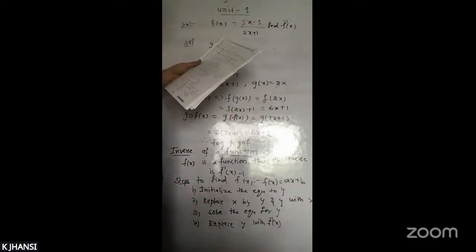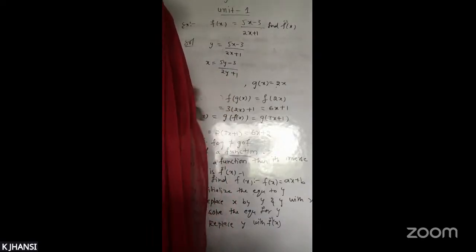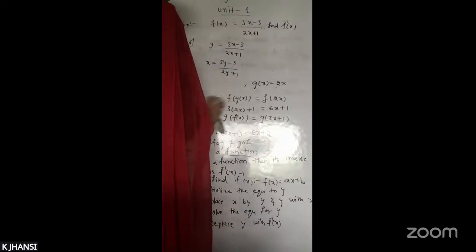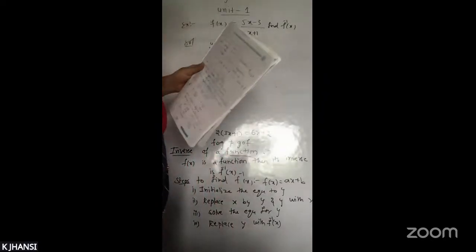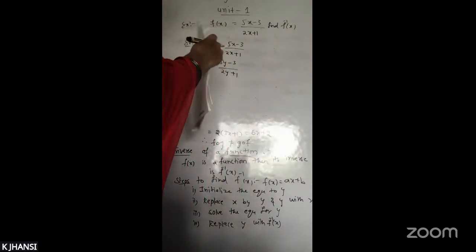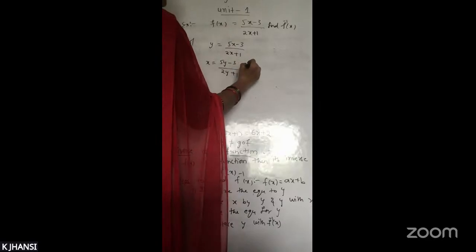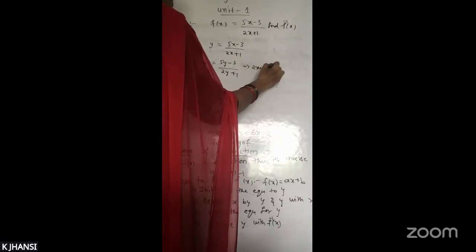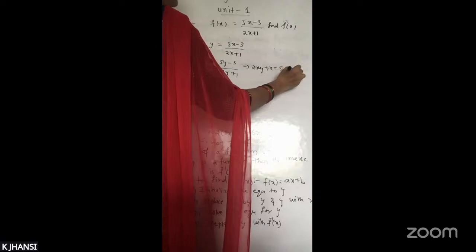Okay. Then solve the equation for y. That means you have to find the value for y. So if you cross multiply this, what will you get? 2xy plus x equals 5y minus 3.